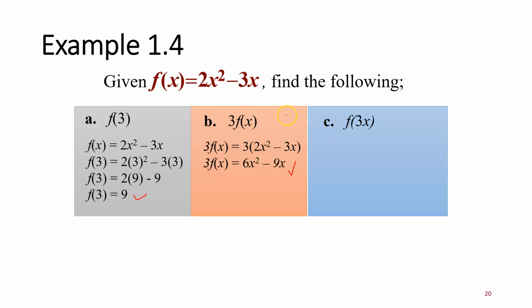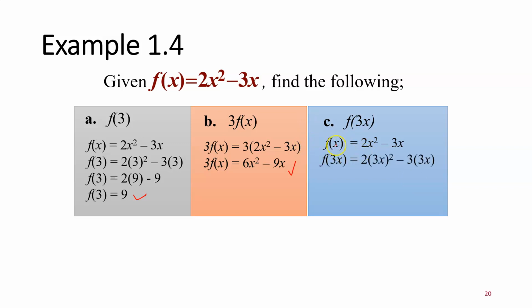And how about this one? The function of 3x. So the original x is no longer x. It becomes 3x. Sama juga case dia macam yang A. So you just substitute the value of this. This is the original one, f(x).